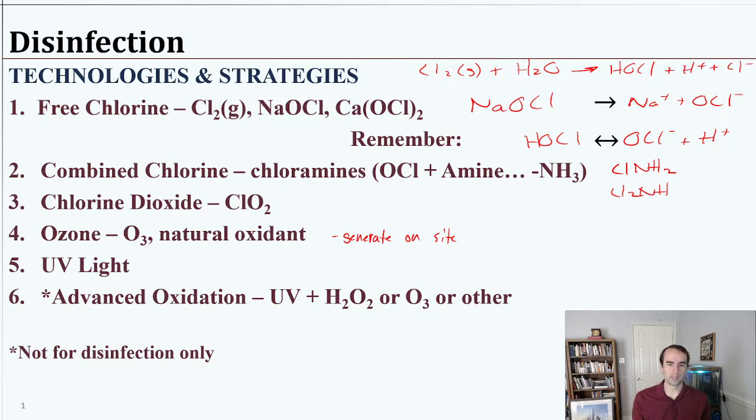and prevent them then from replicating that DNA. And last, we have advanced oxidation, which is not necessarily for disinfection, but since it's so closely tied to it, I'd like to talk about it within the disinfection context. A lot of times we'll use ultraviolet light to photolyze or split apart hydrogen peroxide, ozone, or some of my research lately has been looking into using it for chlorine, with the fact that we can use different light sources.